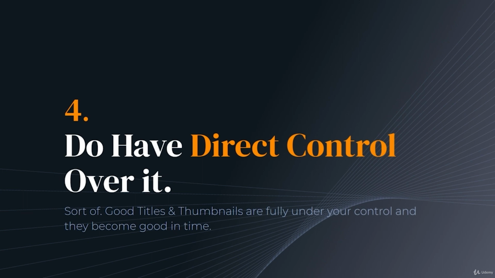You might experiment and A/B test different titles and thumbnails for your video, because YouTube will continue to generate impressions for the video if it is getting at least any views, and you will see whether different titles and thumbnails generate a higher click-through rate, which transforms into views. So you do have direct control over it. You might not have absolute control over it, but you do have direct control over it.